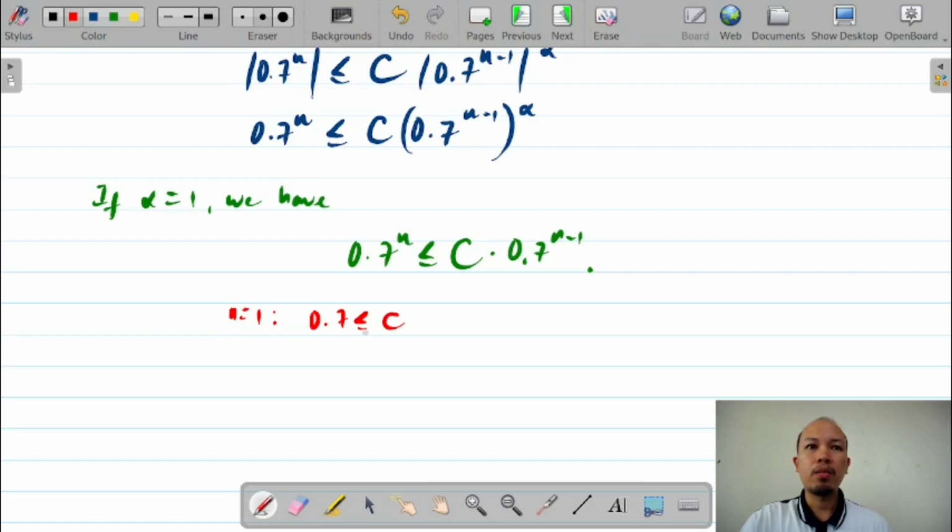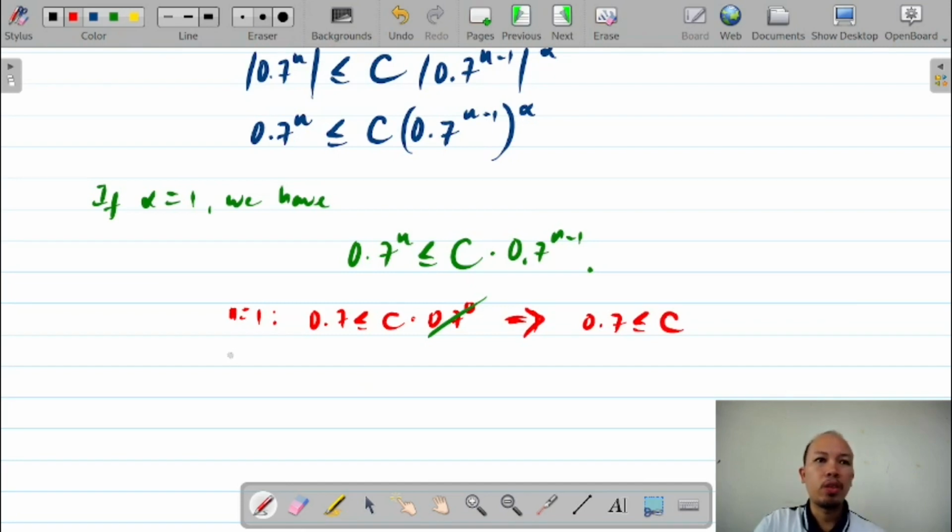We have 0.7 to the 0, but this is 1. So what we have here is 0.7 less than c.